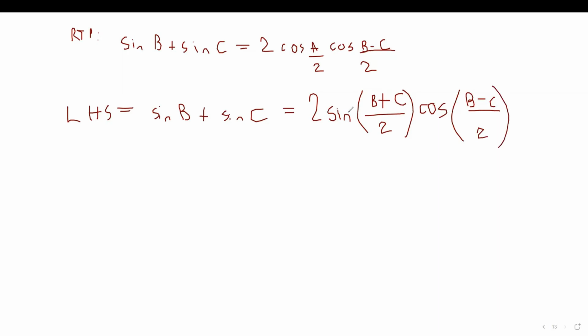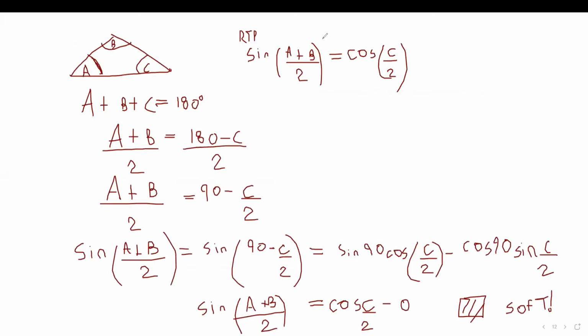But guess what? Didn't we just prove that sine A plus B over 2 was the cos of C over 2? Yeah, man, we just proved this. So what am I trying to tell you?